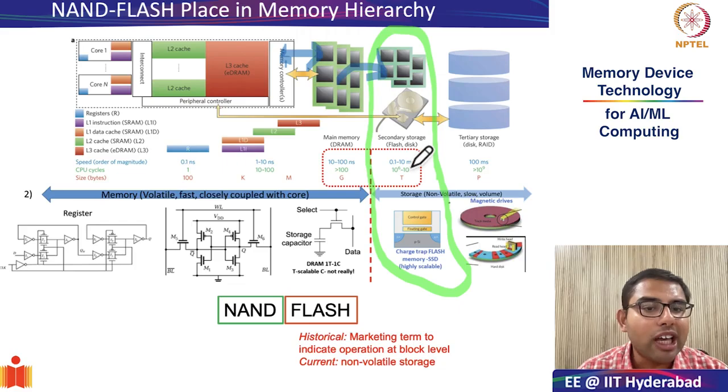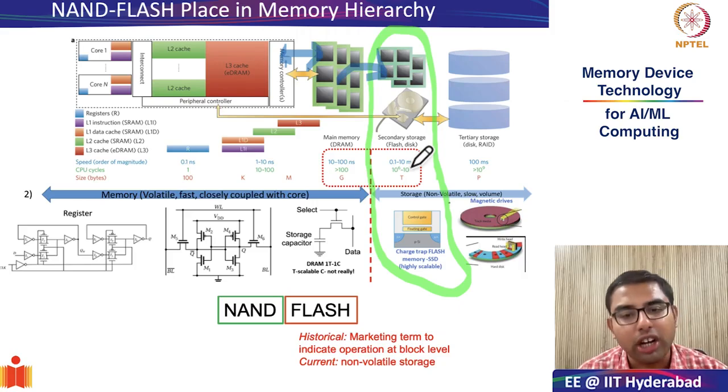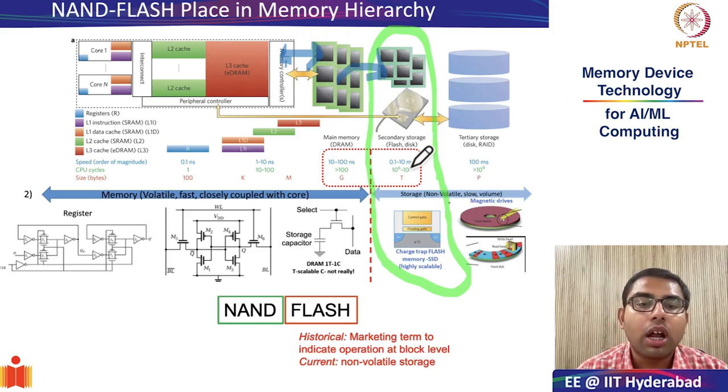So just a very quick word about where this terminology NAND flash comes from. You might be wondering about it. The flash is a rather historical term, and we will see that in the original flash cells, this word flash, which means quick, fast, was more like a marketing term historically to indicate that large chunks of data primarily are being erased at the block level.